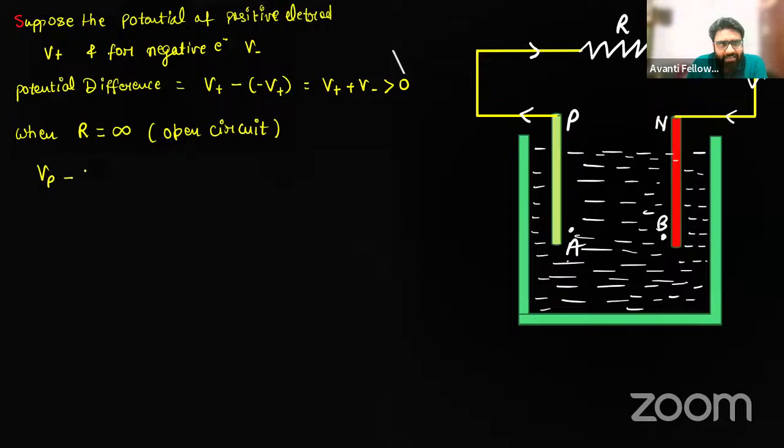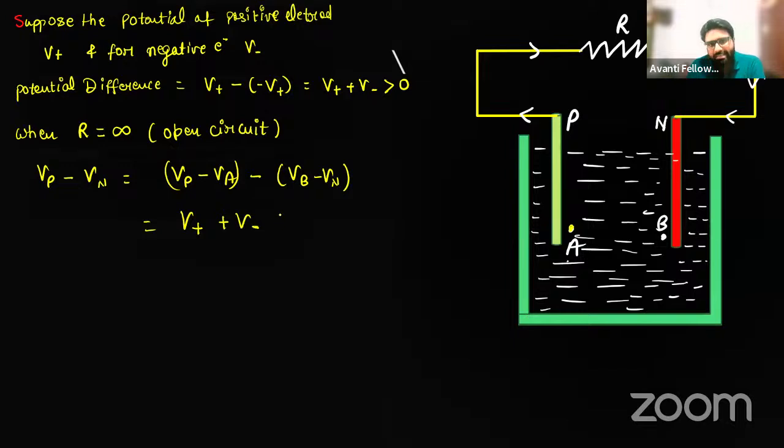VP minus VN you can write as VP minus VA, the potential difference of this electrode to the very adjacent point in the electrolytic solution, plus VA minus VB, plus VB minus VN, ठीक है। So this is simply V plus minus V minus, where VP minus VA is nothing but the potential of the positive plate. So that is the case when there is an open circuit situation.